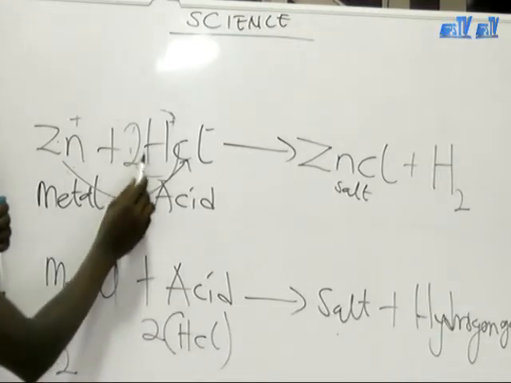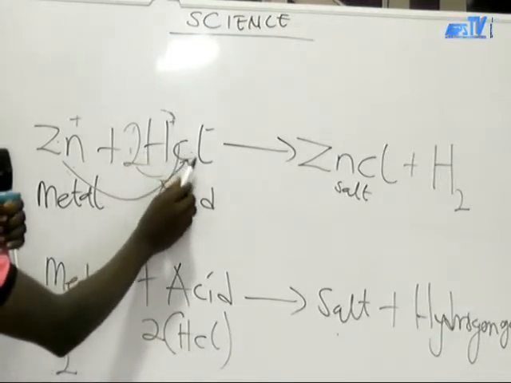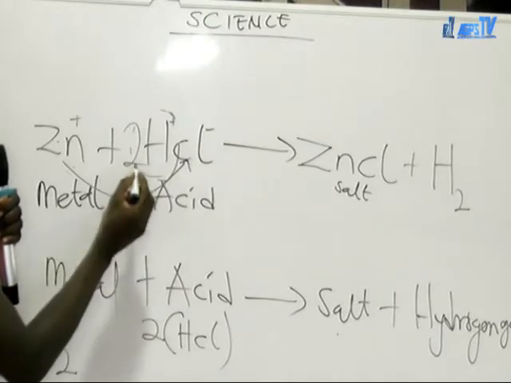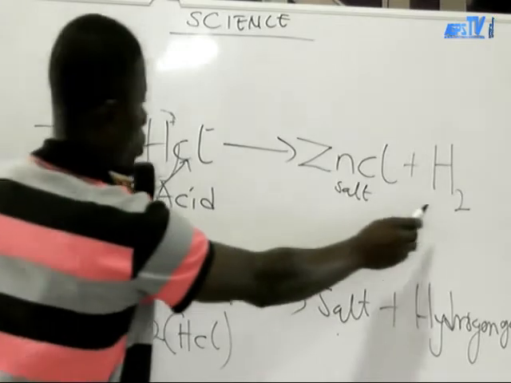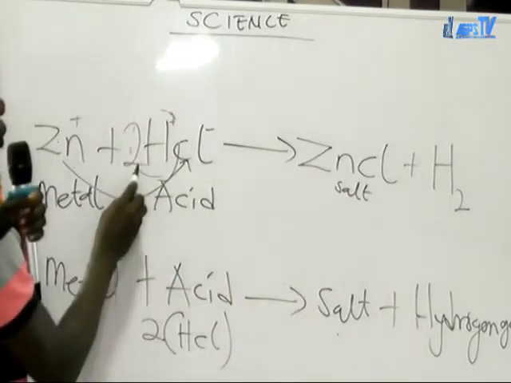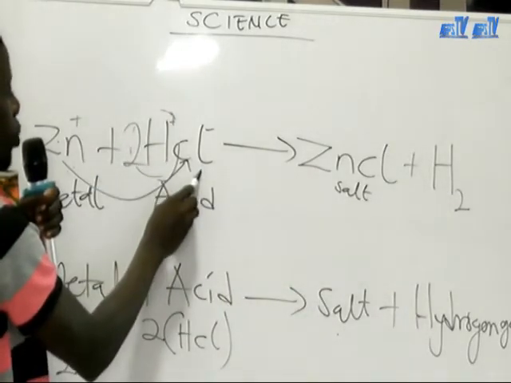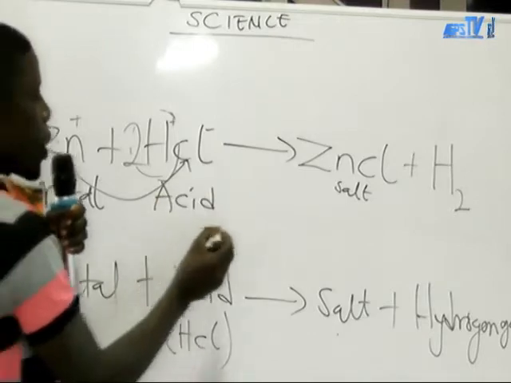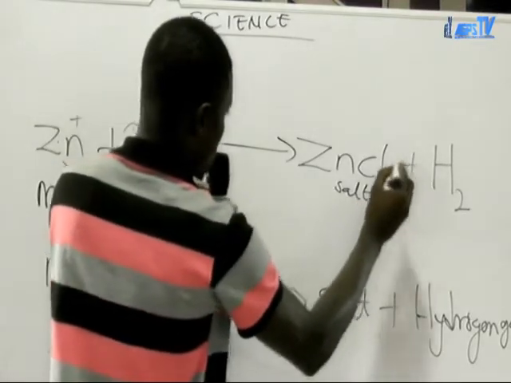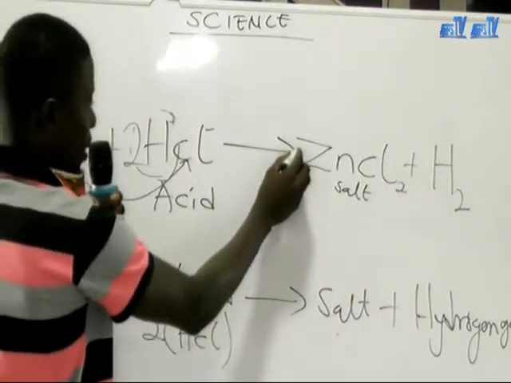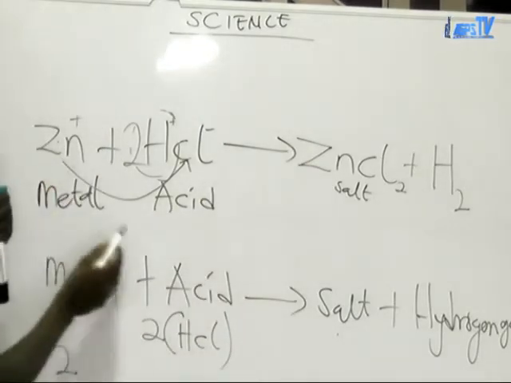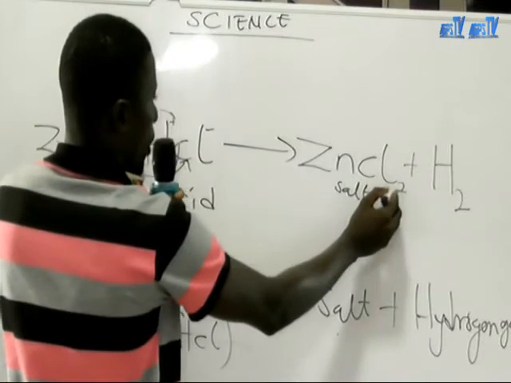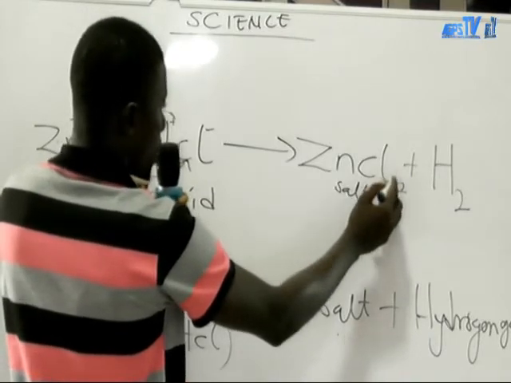This 2 is multiplying the hydrogen and at the same time multiplying the chlorine. So we have 2 atoms of hydrogen here, and 2 times the chlorine gives 2 atoms of chlorine. You cannot write 2 in front of the zinc because we have only 1 atom of zinc here. So you write 2 in front of this chlorine so that the equation can be balanced.